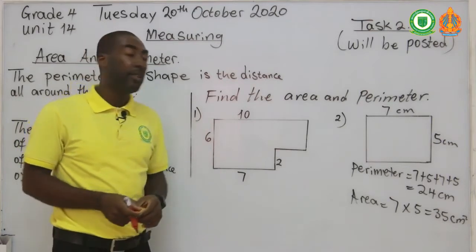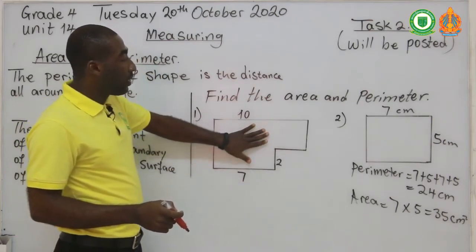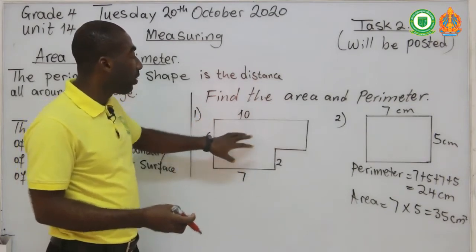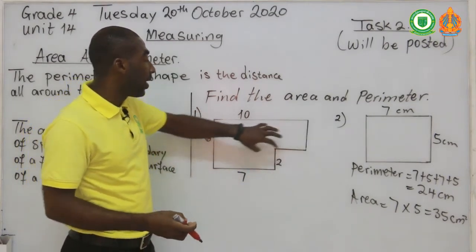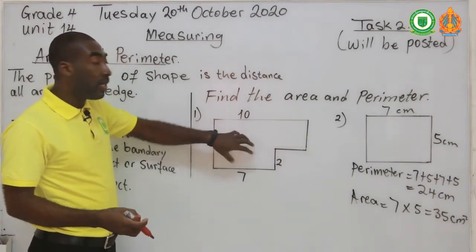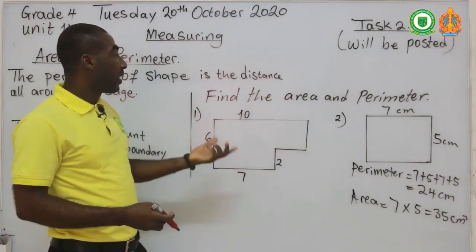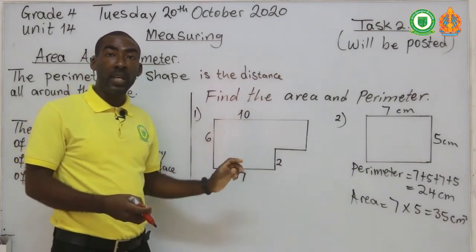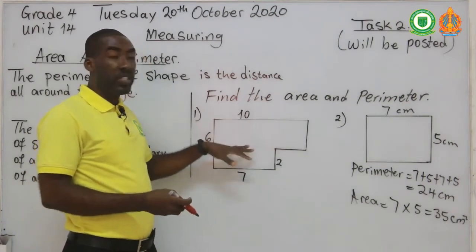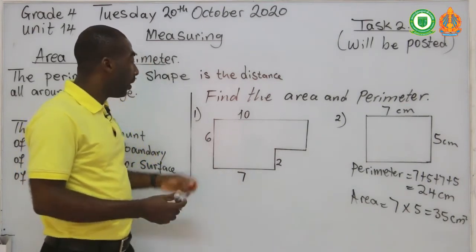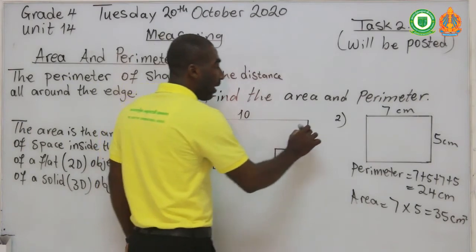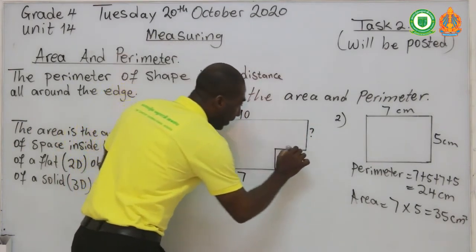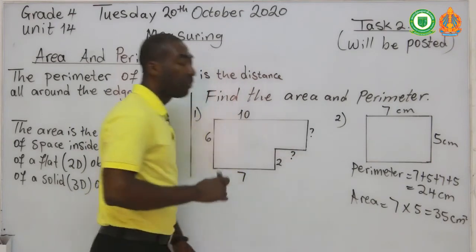So this looks like two objects or two shapes put together, okay, because you have a small one here and then you have a big one here. Okay, the first thing that we need to do is we need to understand the kind of shape that we have and know the actual measurements that we have there. So we kind of don't know this side, and then there's a little portion that we also kind of don't know.